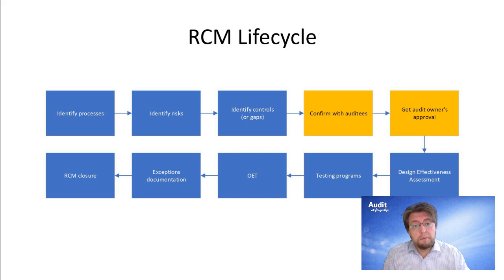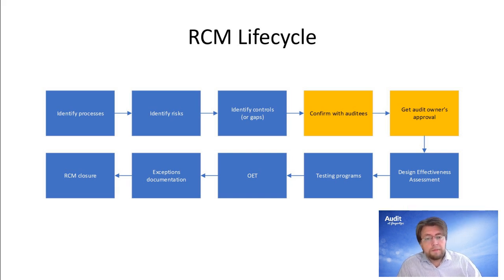Because if you misinterpret something and you start assessing and testing it, you may do something which is not really relevant, which contradicts the reality, and you'll need to redo your work. And once you receive this confirmation, you can proceed.